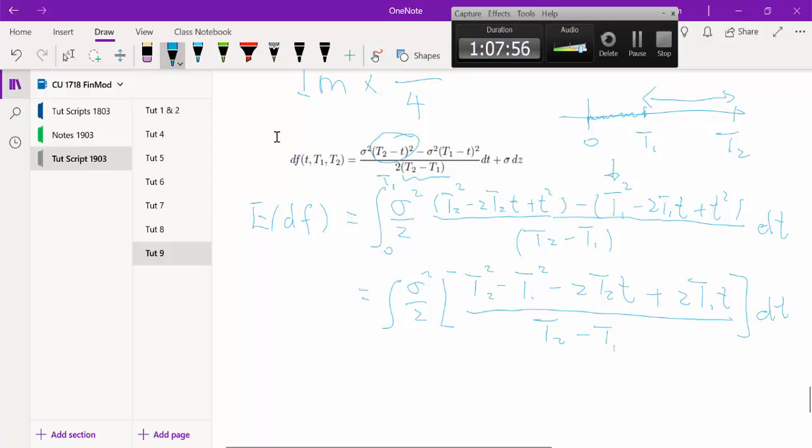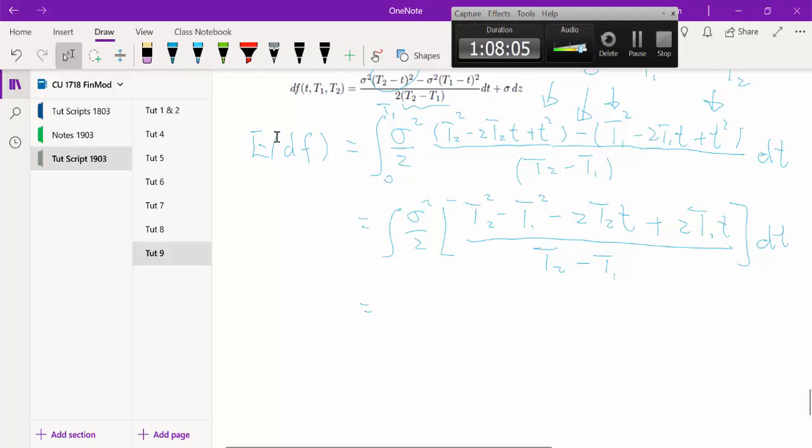Now the t squared terms, this one here and this one here, they will cancel out because there's a minus sign here, okay? Now this is surprisingly elegant, as you will see in a minute.